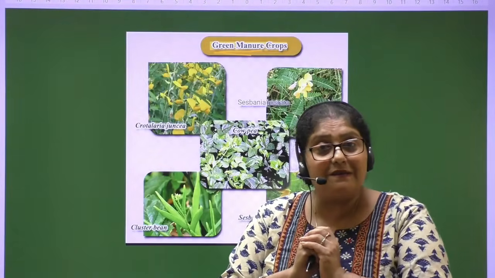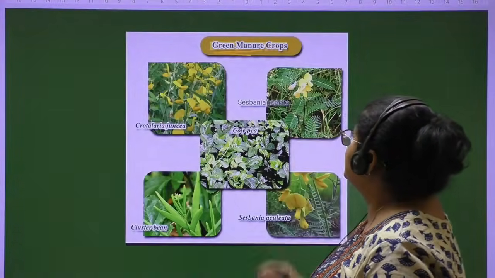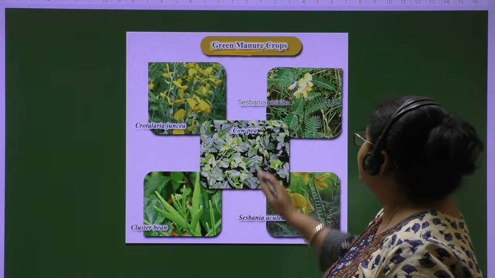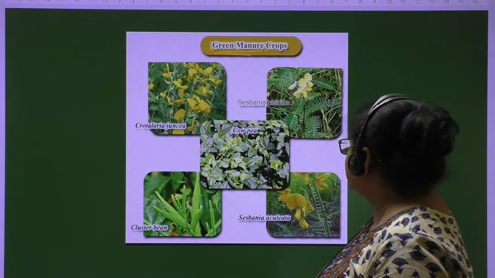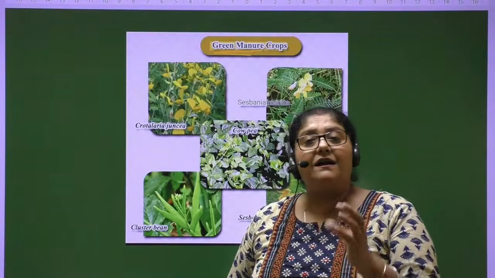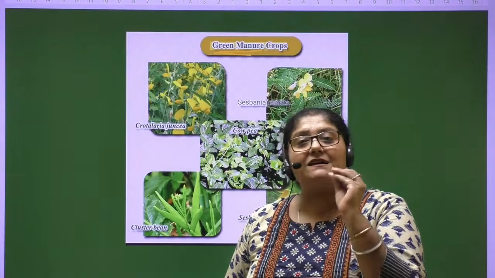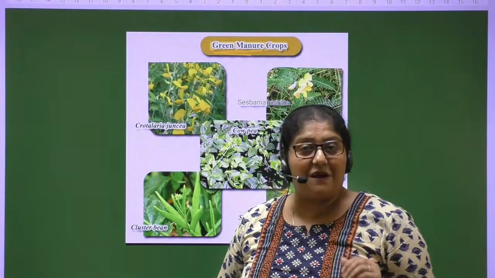Now, how is this possible? See, all these plants that you see over here, Crotalaria juncea, Sesbania rostrata, cowpea, cluster bean, Sesbania aculeata, they have roots, and inside those roots there are some very good bacteria present.